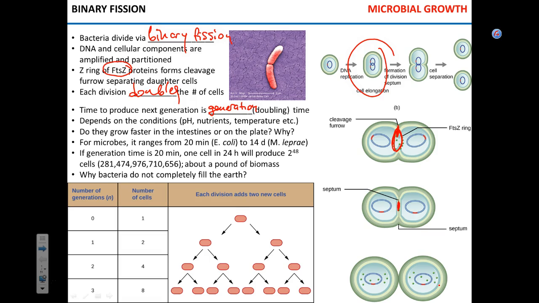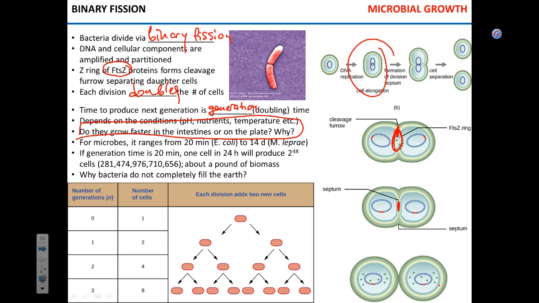Now, one of my traditional critical thinking questions. Microbes. Take E. coli. It can grow on the plate. It can grow in the human intestines. Where is it going to grow faster? In the intestines or on the plate?